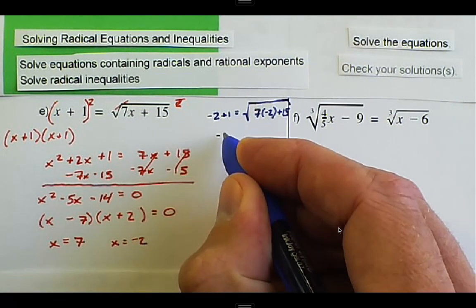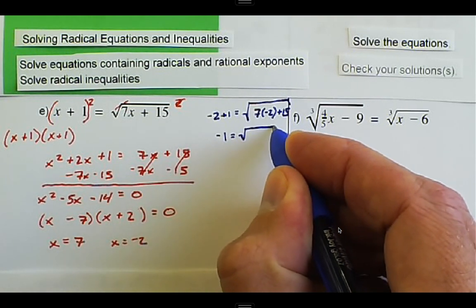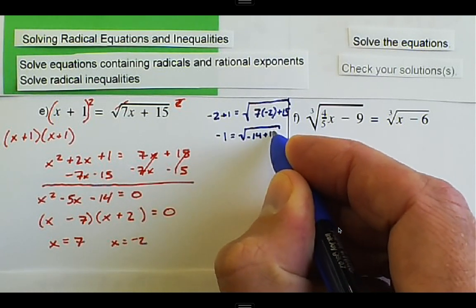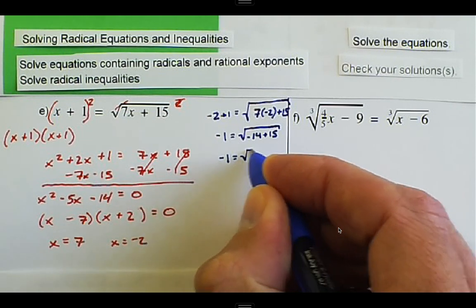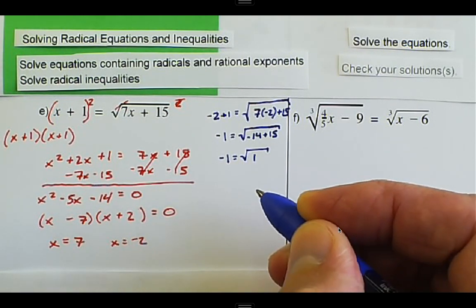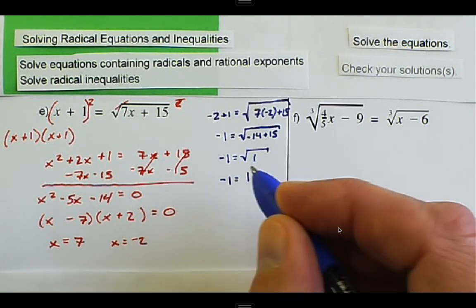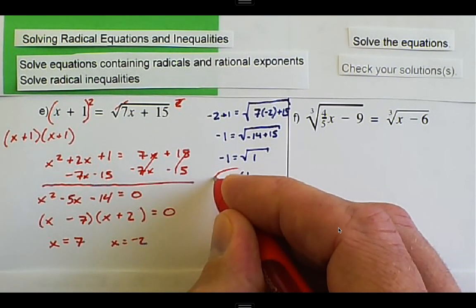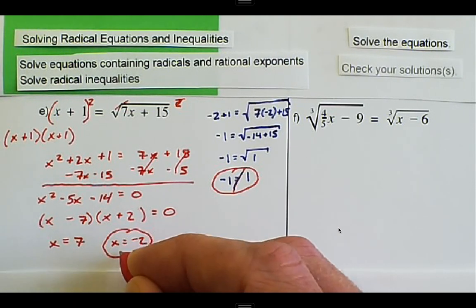So negative 1 is equal to the square root of negative 14 plus 15. And so negative 1 is equal to the square root of 1. And we get negative 1 is equal to 1. In this case, that's not true. So x equals negative 2 is not a solution.